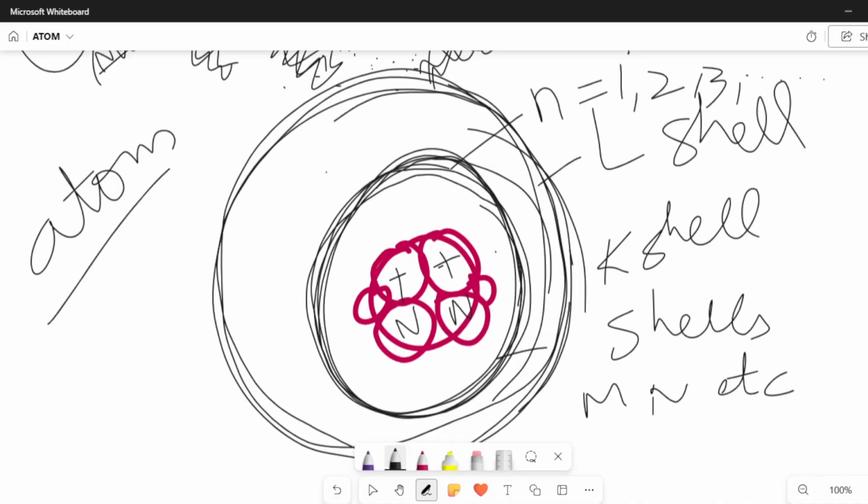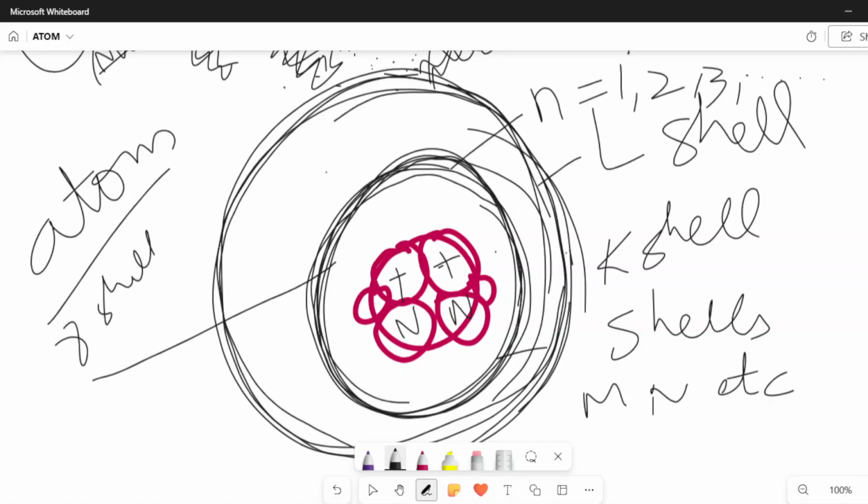So here we have the outermost shell. The outermost shell can be the second shell, third shell, fourth shell, because all atoms will not have all these 4 or 8 shells.